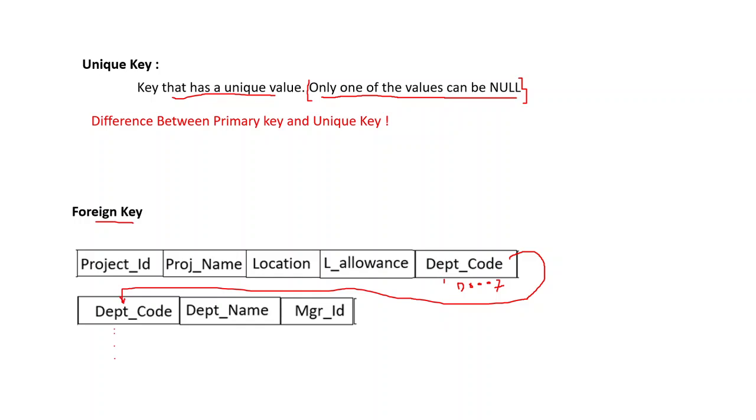Now in this case, this table where the foreign key has been declared is known as the referencing table, and your department table is a referenced table. So a foreign key in the referencing table has to be the primary key in the referenced table.